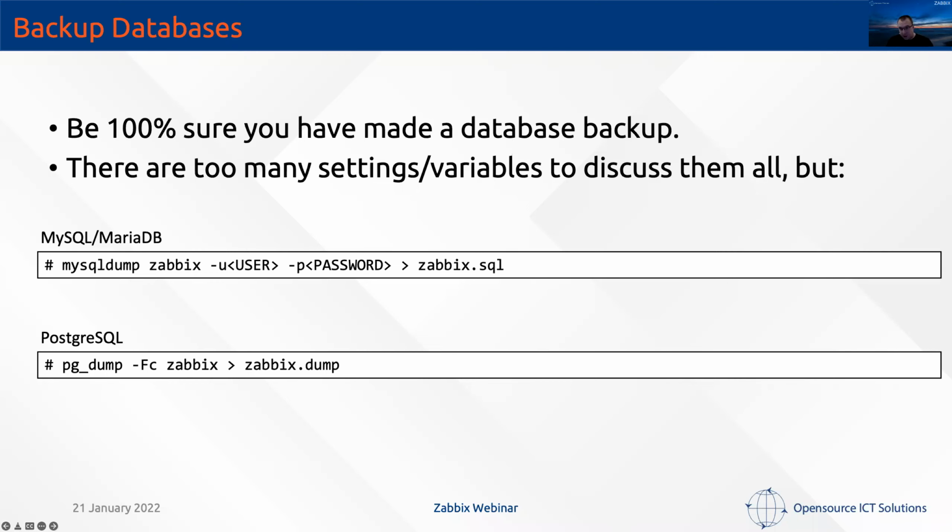For Postgres, pg_dump -Fc zabbix, and pushing it into zabbix.dump. This might take a long time. It really depends on the database size and on all those settings to get more performance out. So sit tight, wait, and eventually you have your database backup.